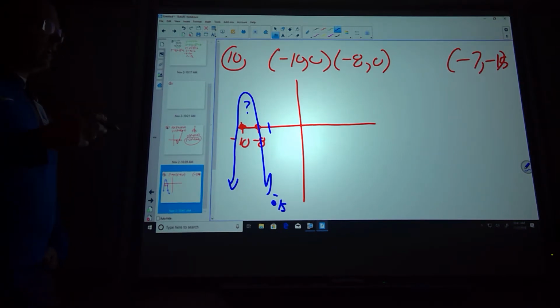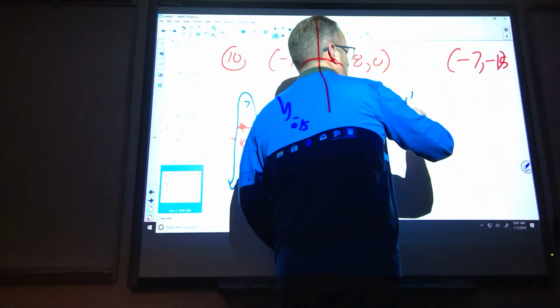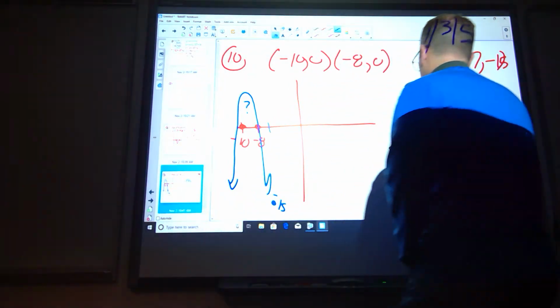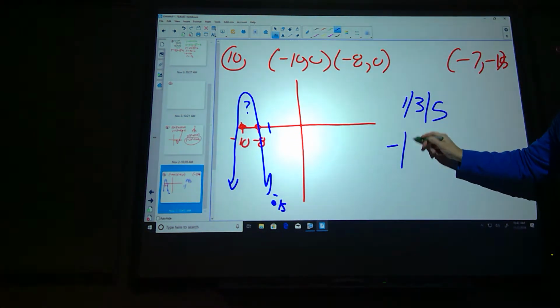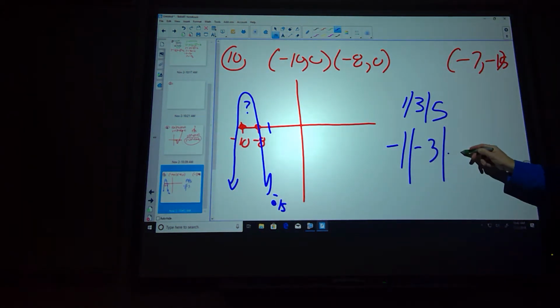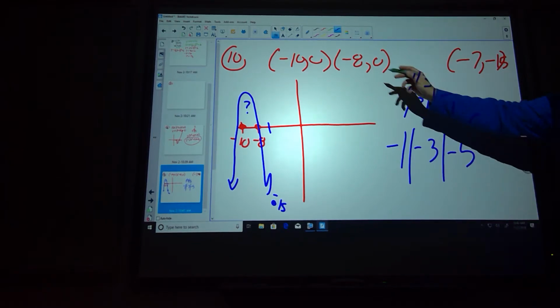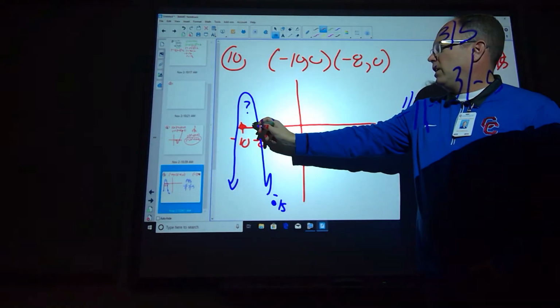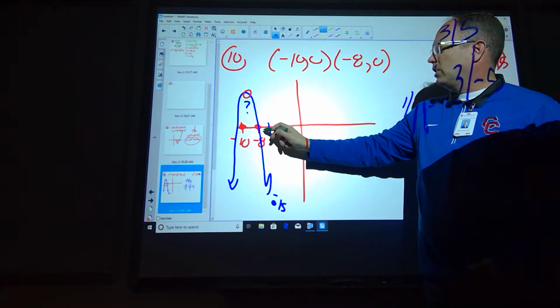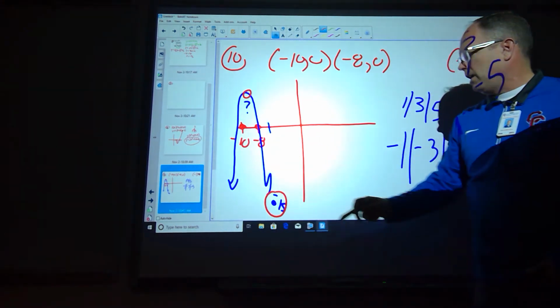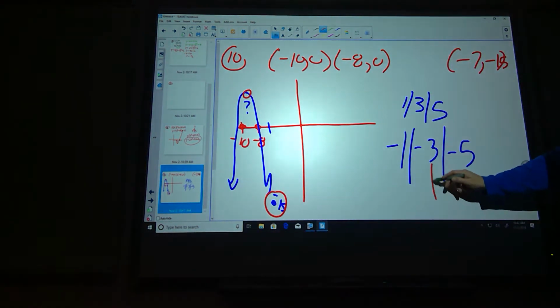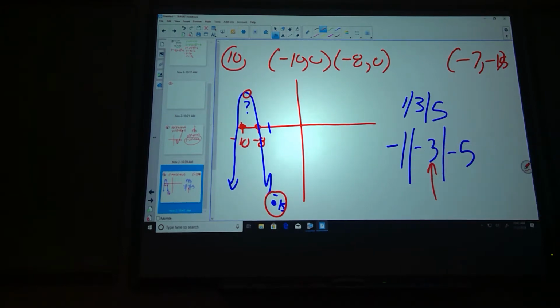So that's got to be the second move. My pattern graph is normally 1, 3, 5. In this case it's got to be negative 1, negative 3, negative 5. Being my second iteration, so I'm not worried about the vertex, my second iteration is all the way down here. So what do I have to multiply times negative 3 to get to negative 15?